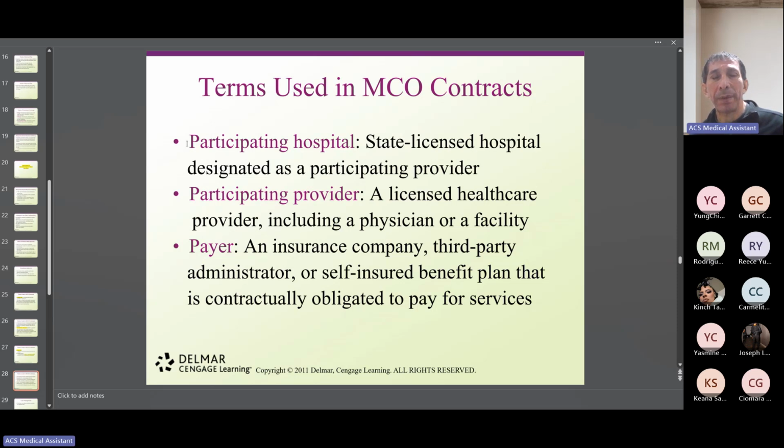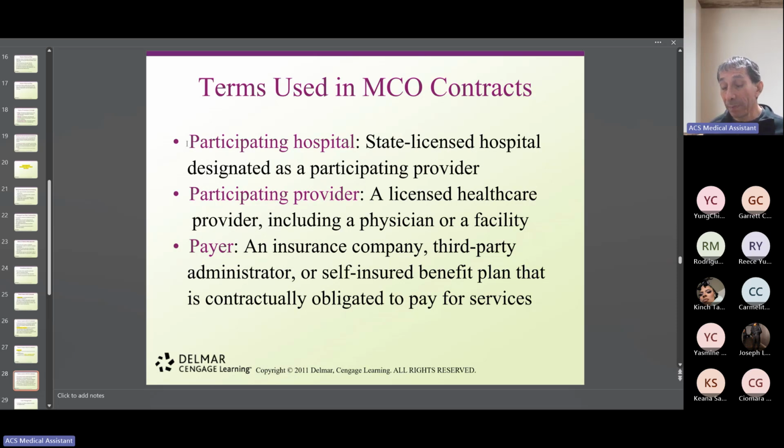So a payer, what is a payer? An insurance company or a third-party administrator or the self-insured person. A payer is the one who's paying for the services.